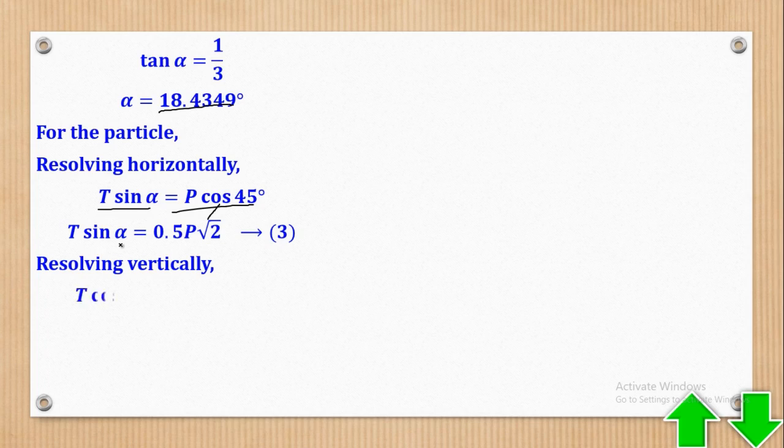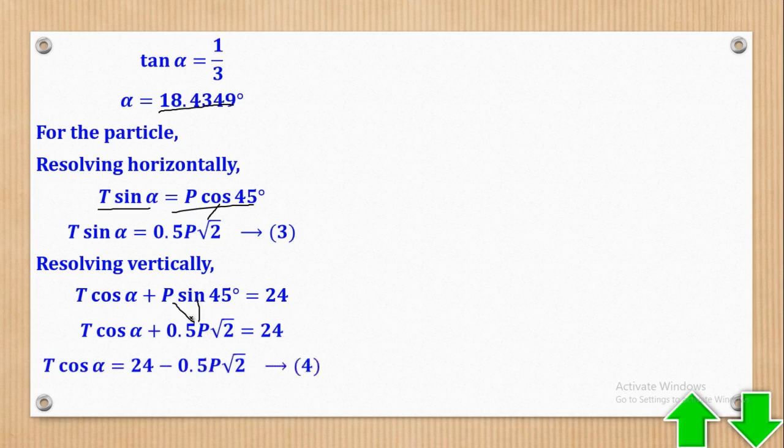Then when I resolve vertically, I'll come up with T cos alpha plus P sine 45 degrees equal to 24. But sine 45 is equal to root 2 over 2, which gives you 0.5 root 2, and this P which is there. That gives me equation 4.